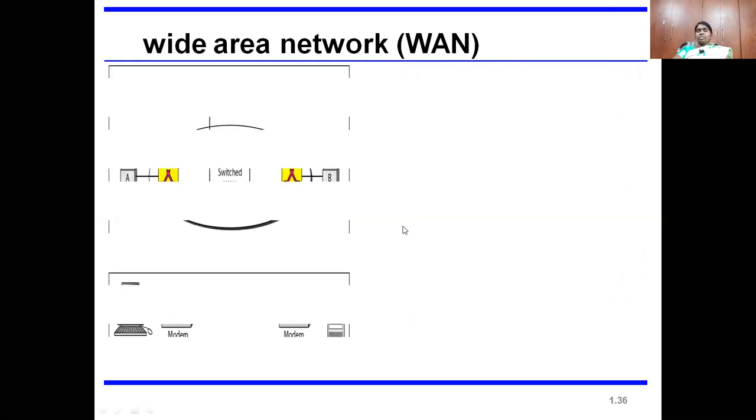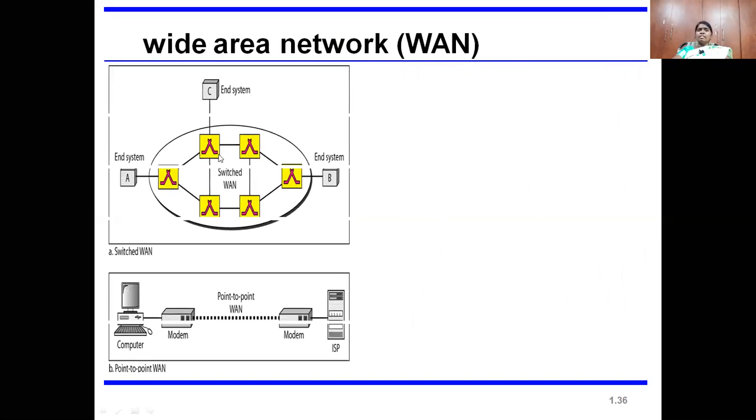In this wide area network, it is providing long distance transmission. How the data is represented, we have already seen. It may be video, numbers, text, anything.